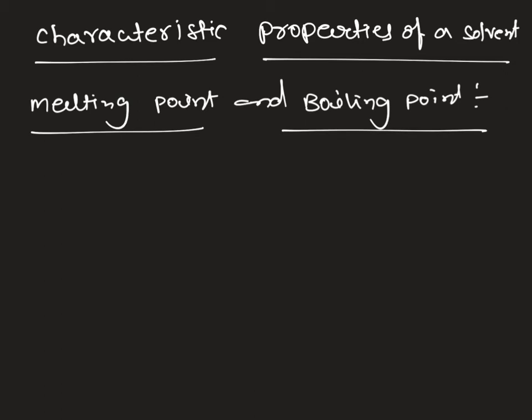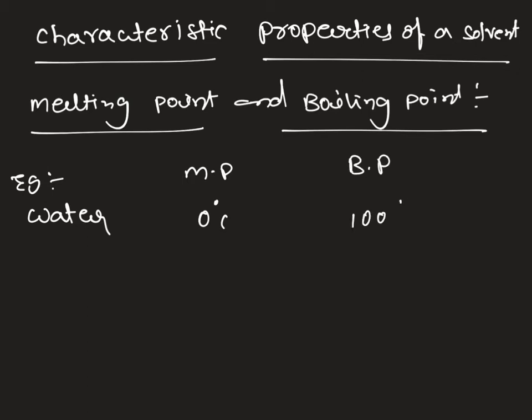So what information do we get from the melting point and boiling point of a solvent? For example, I am taking water as a solvent. The melting point of water is 0 degrees. At 0 degrees, ice will start to melt into water. The boiling point of water is 100 degrees.